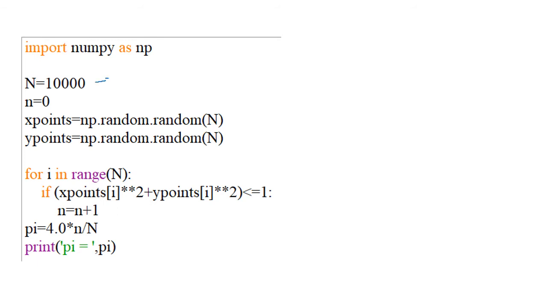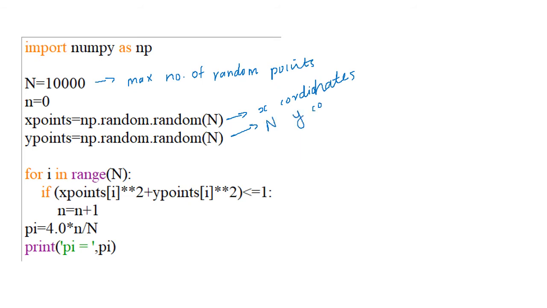This is the maximum number of random points we are going to generate, and this will obviously generate N such x coordinates, and this will generate N y coordinates, and this will check the given xy point, the ith point, we can call it the ith point.